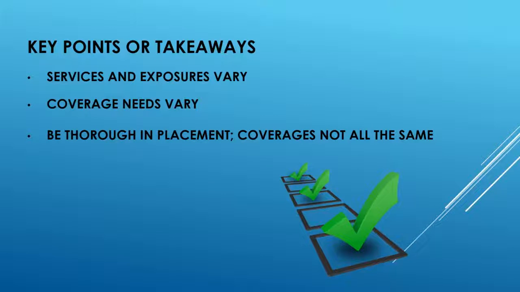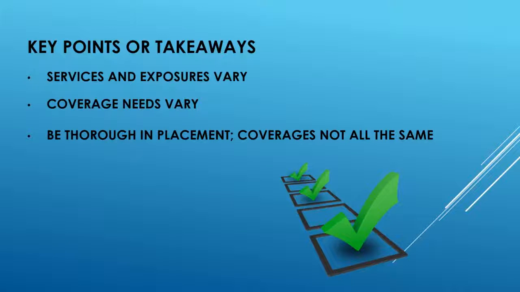So I think what's really important are maybe 3 points. One, as we've talked about, the services vary quite a bit, and the exposures therefore vary as well. So across the whole technology spectrum, there is not one consistent exposure or service.